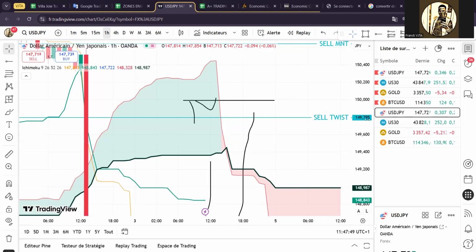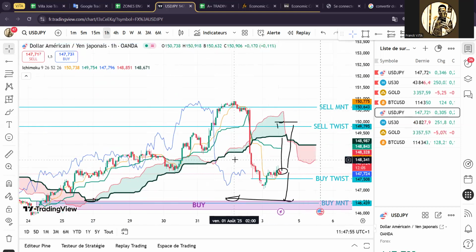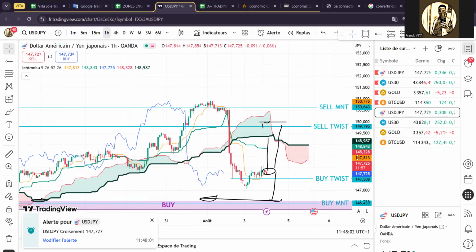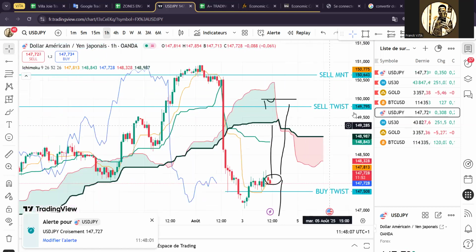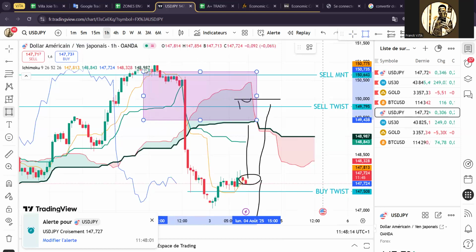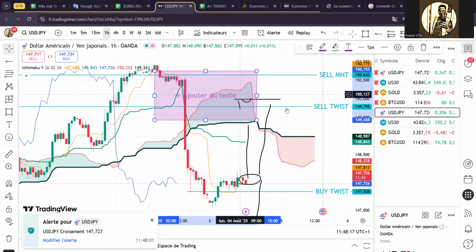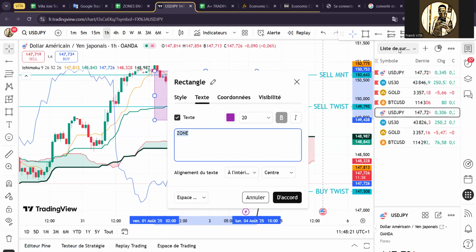Okay, so what we have now is this. We try to identify a major zone above here. This is the major zone above that. We have a major zone here. I'll call it a sell directly.